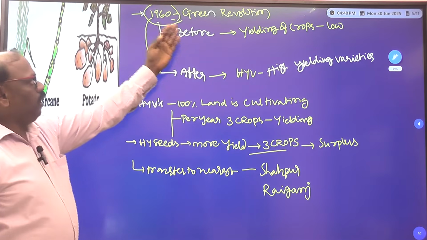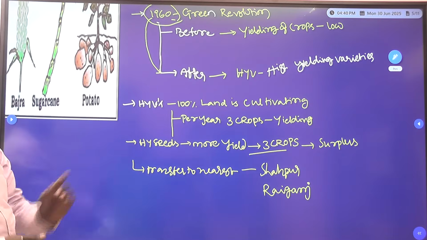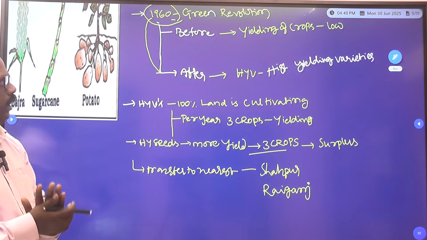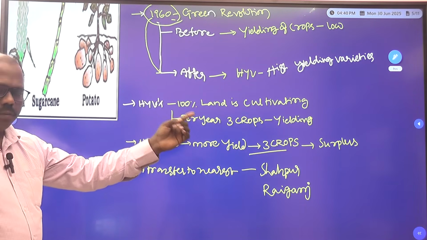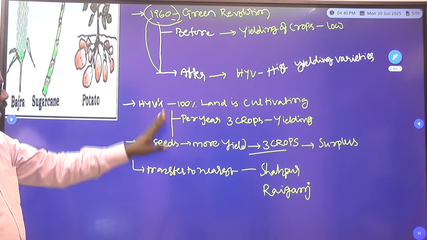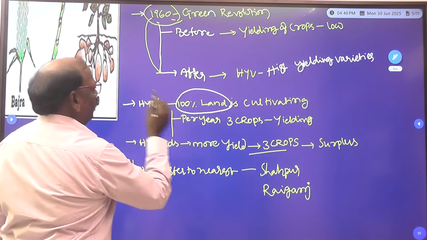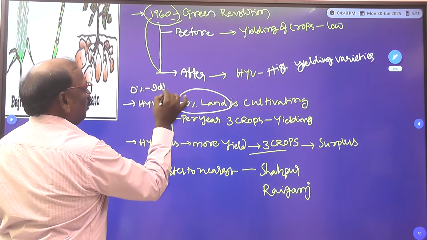When there is no green revolution, people are having low yielding crops. When it comes to the green revolution, people are having high yielding crops with 3 crops. They are cultivating the land, 100% of the land is cultivated and 0% of the land is idle.